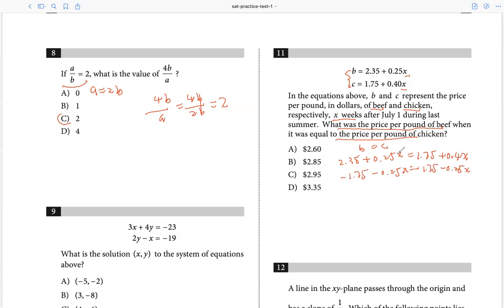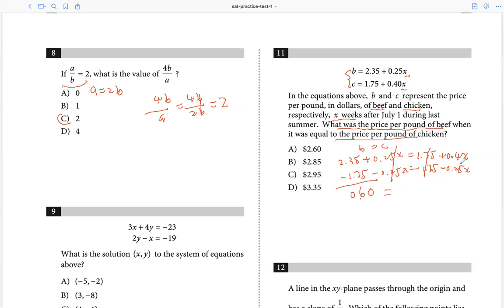So these two cancel to be 0, and these two cancel to be 0. 2.35 minus 1.75: 5 minus 5 is 0. Well, 6, borrow 1 from 2, 13 minus 7 is a 6. Then 1 minus 1 is a 0. So we get 0.6 on the left-hand side.